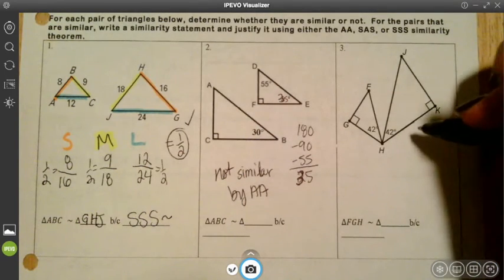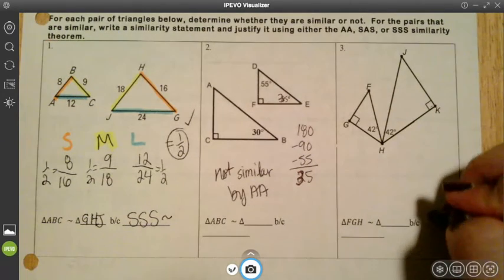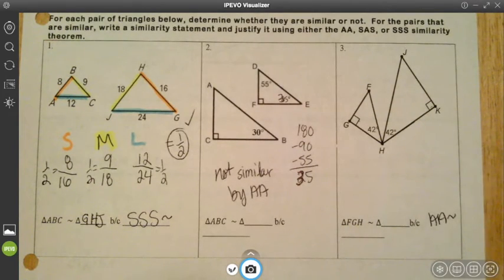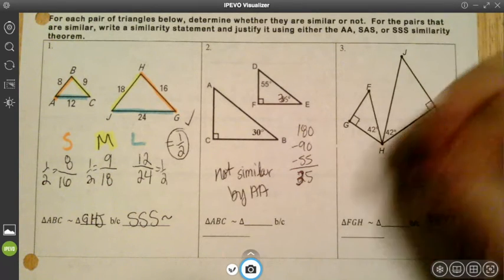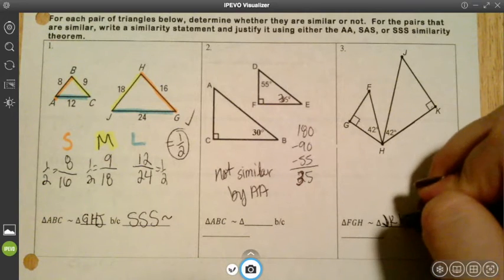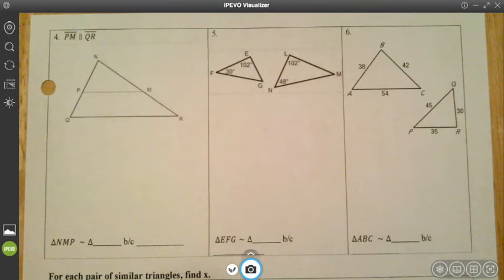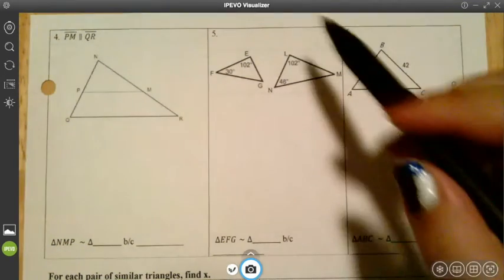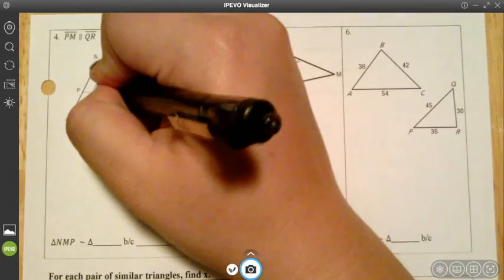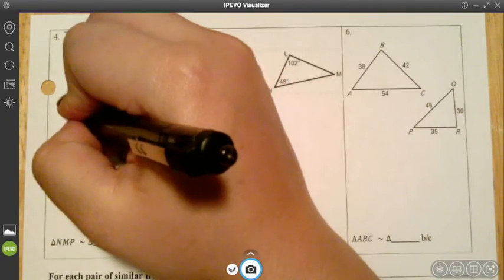For number 3, we were given 2 right angles that are similar, 2 42-degree angles that are similar. So this one is similar by AA similarity. Angle F corresponds with angle J, G with K, and H with H. Looking at our last page of examples, for number 4, here we have PM parallel to QR. If I have 2 parallel lines in a triangle, that gives me these corresponding congruent angles.